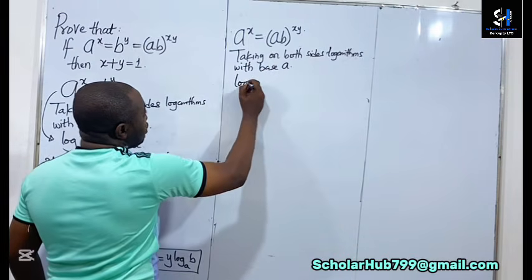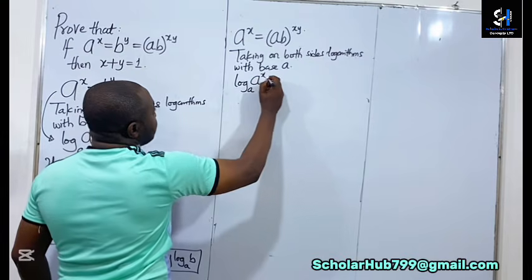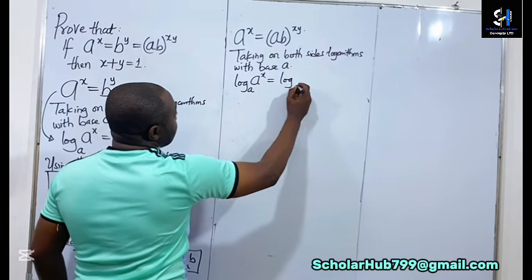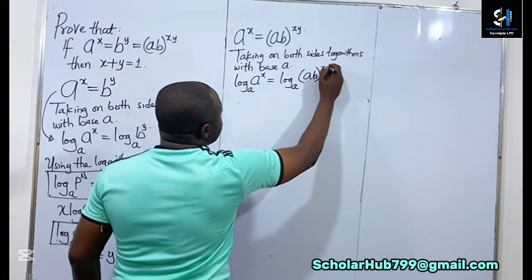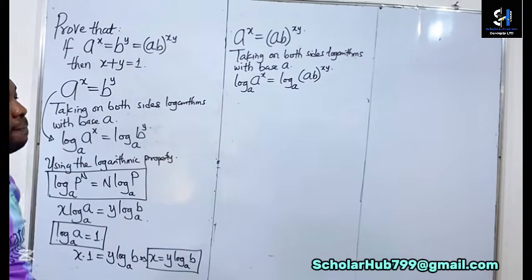So this would be logarithm to base a of a raised to the power of x equals logarithm to base a of (ab) raised to the power of xy.